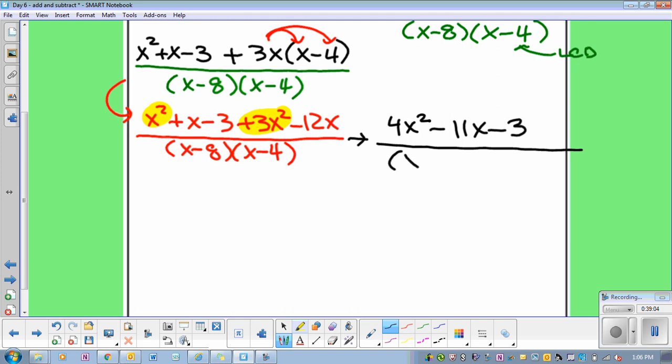Now we have x minus 8 times x minus 4 on the bottom. Good. See, you got it down to one fraction, and that's when you can factor it to see if you can cancel out anything.